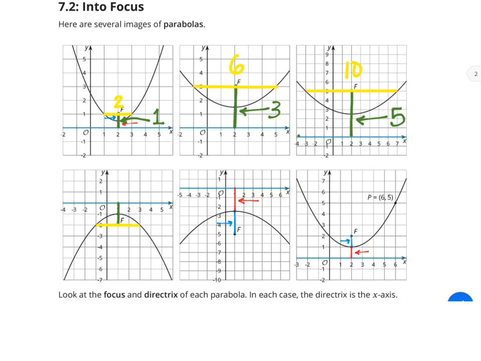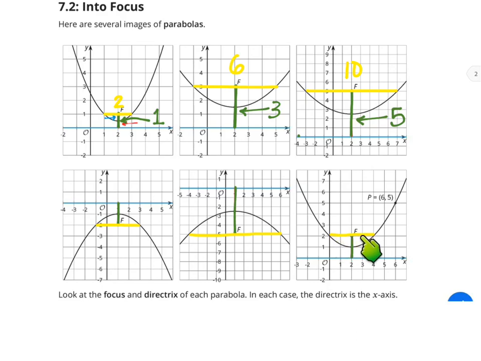Okay, so here the length from directrix to focus was 2, and the length across the parabola was 4. The next one, the length we have is 5, and across the parabola is 10. And on this one here, the length from directrix to focus is 2, and across is 4.